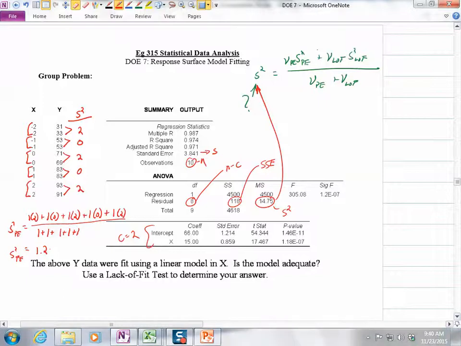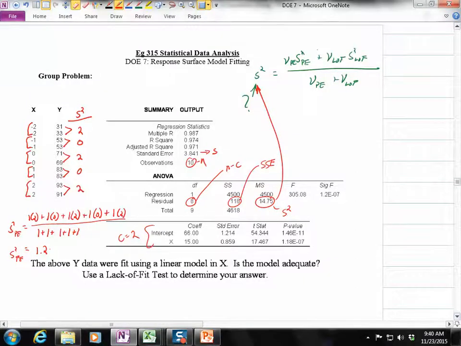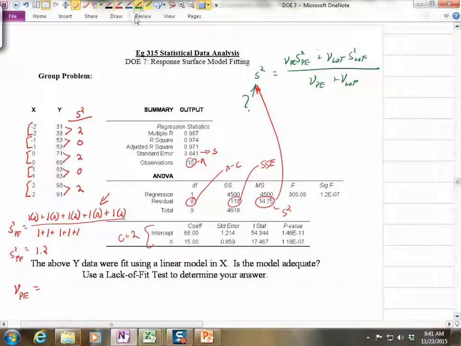So now we want to take that and say we have a total variance of 14.75. So we want to subtract that out. How many degrees of freedom do we get in here? Good.